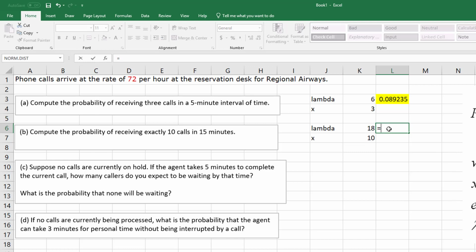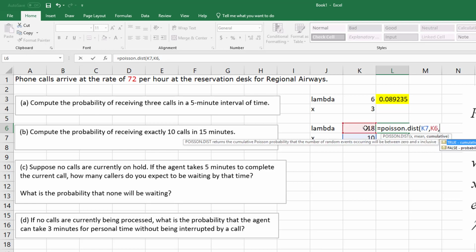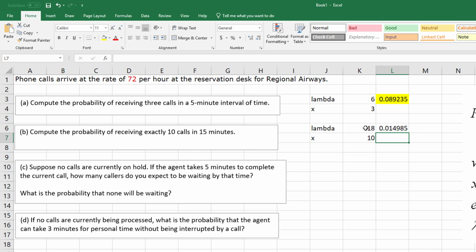And then I do my formula once again, which you could have just changed the numbers up above and done this once, but I just want to show it written out. And then the mean, and then of course, false. So I get this probability. All of these, it wants you to round properly like that.